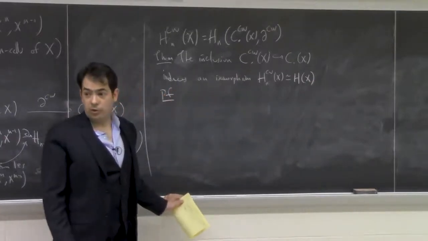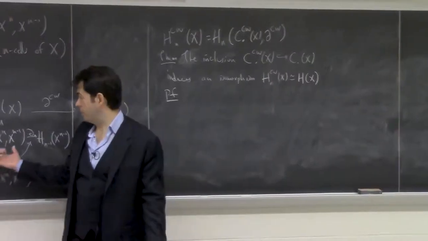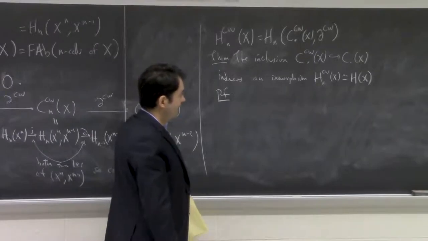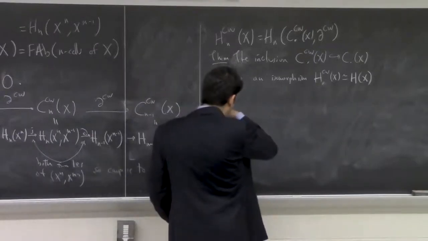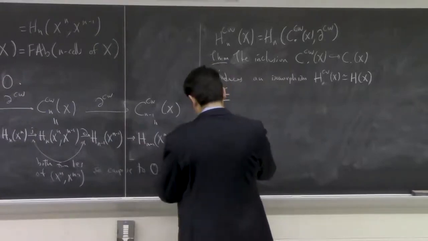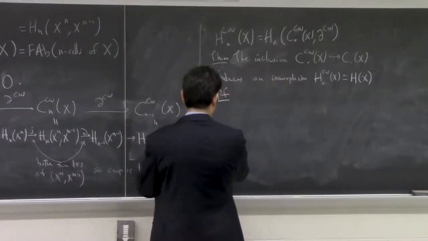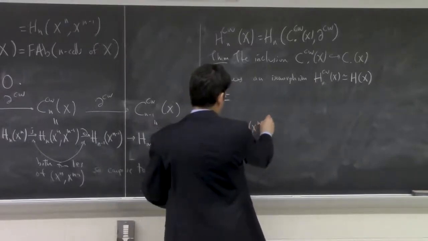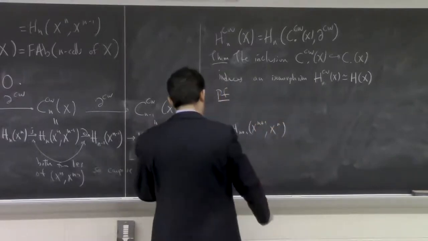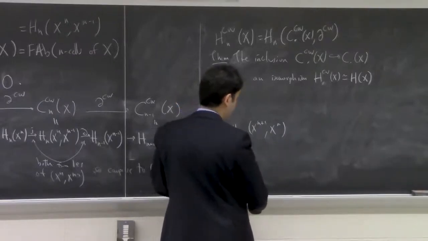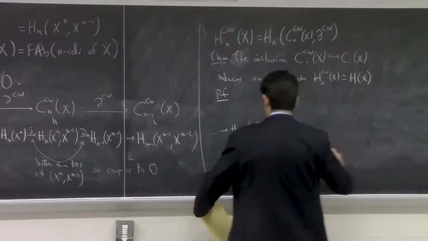Okay, so as you'd expect, this is just going to be fun with the long exact sequence of pairs. So let's look at the relevant piece. Let's put Hn plus 1 of Xn plus 1, Xn. Let's give ourselves more space.